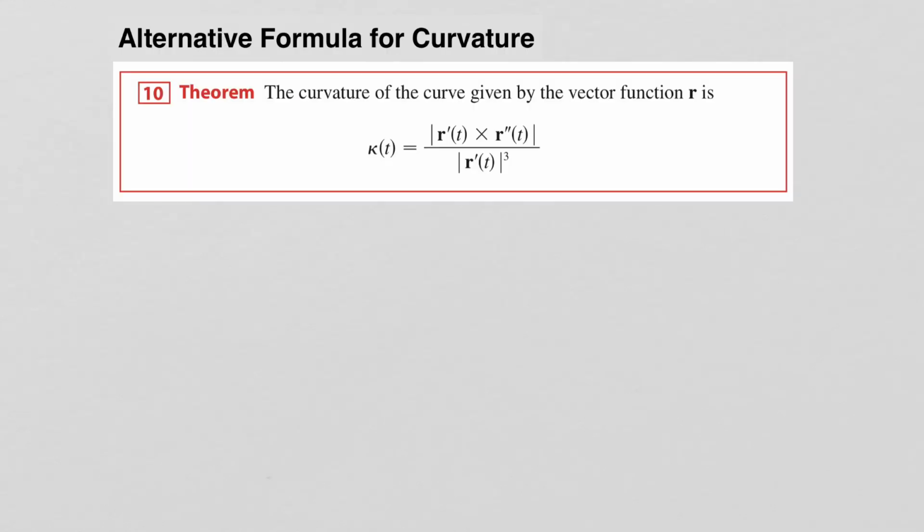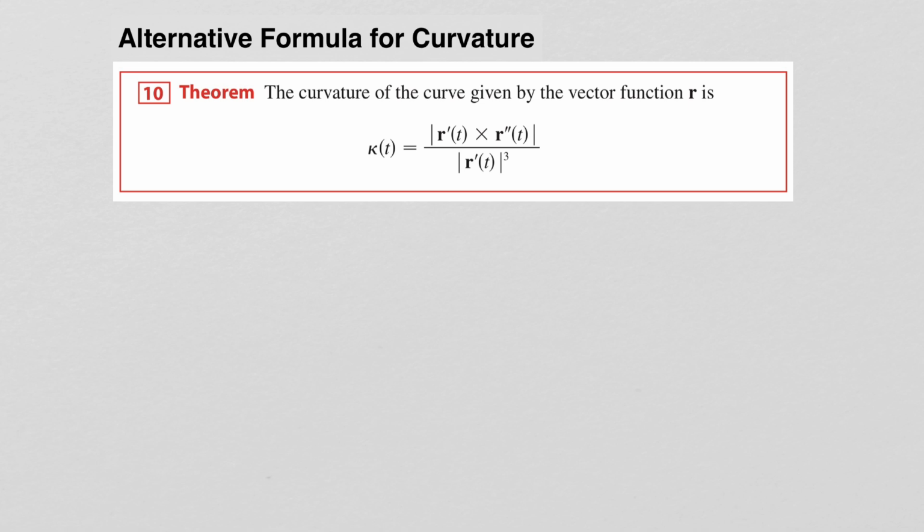This alternative formula for curvature is given by what you see here. Kappa of t is the magnitude of the cross product of r prime and r double prime divided by the cube of the magnitude of r prime. So you might be wondering, where does this formula come from? How do we get that formula from the original curvature formula?